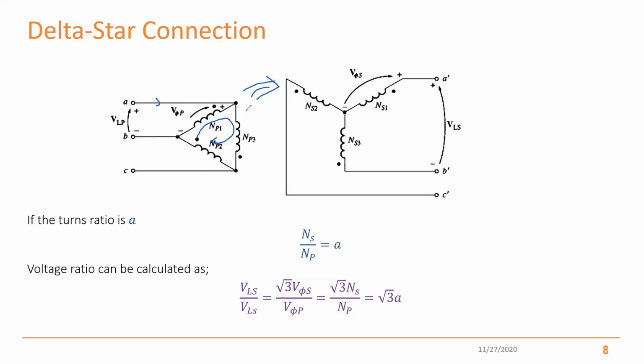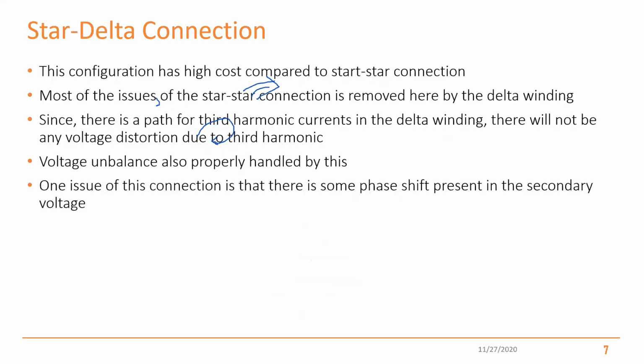For the star delta connection also, we haven't talked about that. Here also the same problem is there. For the star delta connection the main problem is the phase shift issue. There is a 30 degree phase shift, either in a lagging or leading direction.